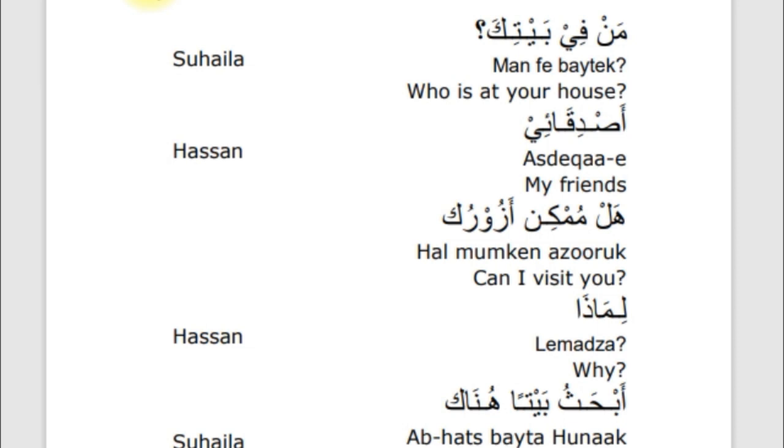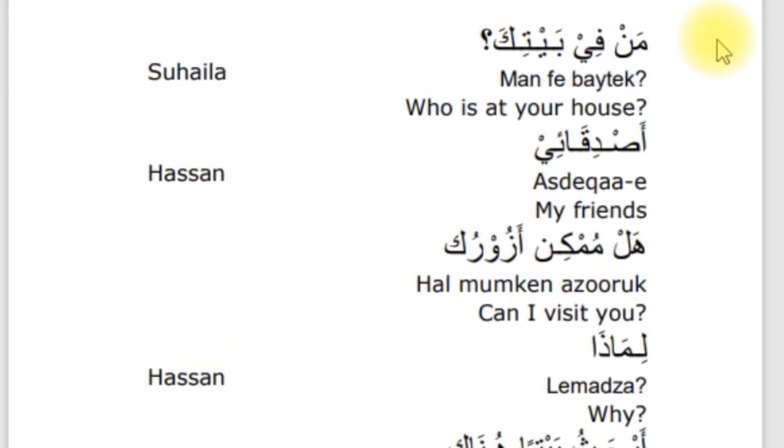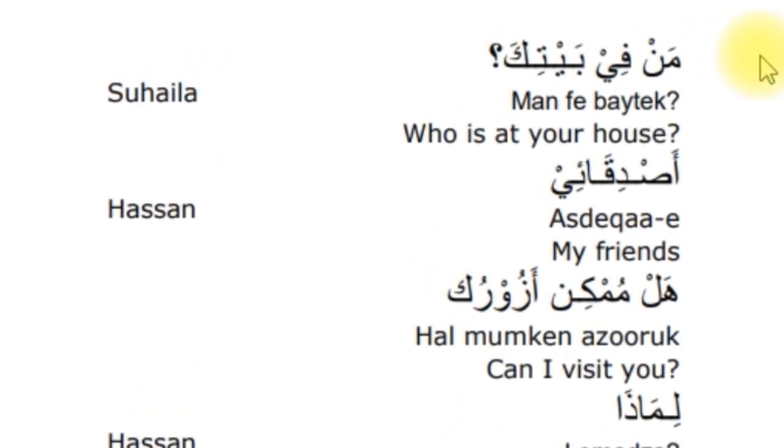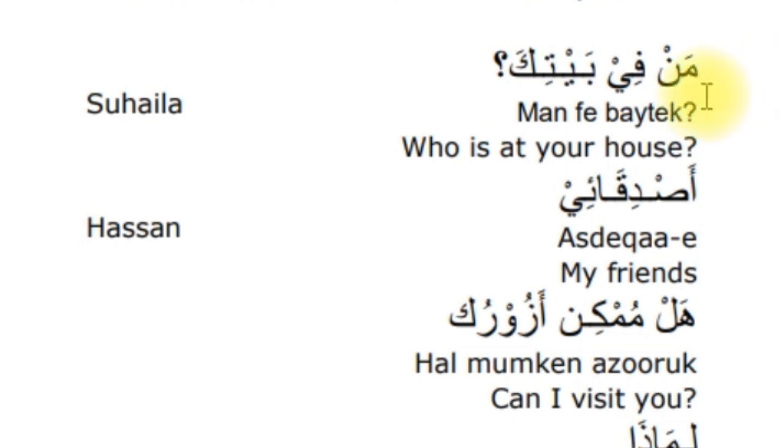Lesson 10. Who lives with you? Suhaila: من في بيتك؟ من means who, is. في means at. بيت means house.